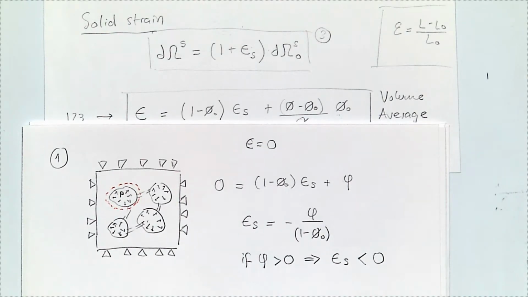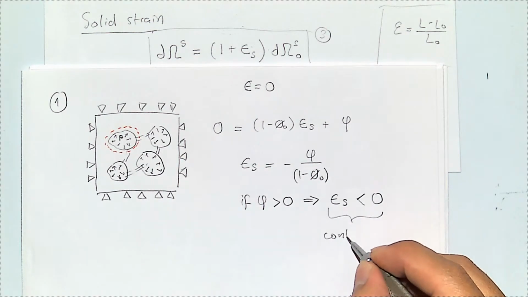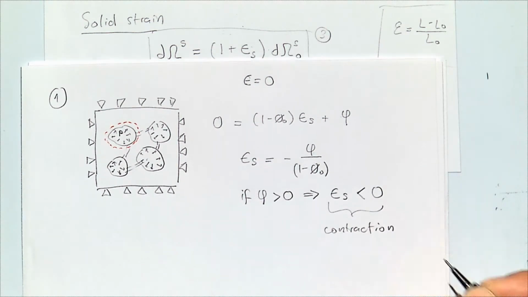Okay, so I wanted to do this because I need to tell you that in order to follow the convention of the book, just for this part, we're going to come back to the mechanics convention in which compression is negative and dilation is positive. So in the mechanics convention, this is a contraction.